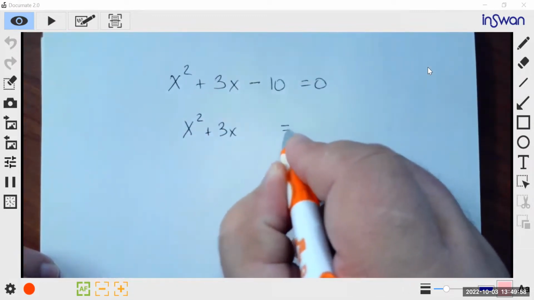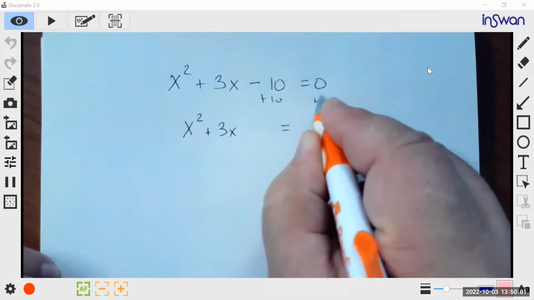So we have to move the 10 over. So we add 10 to both sides.